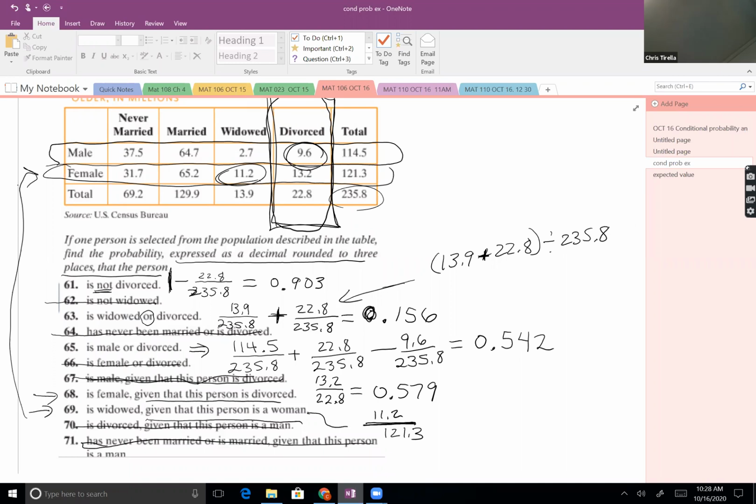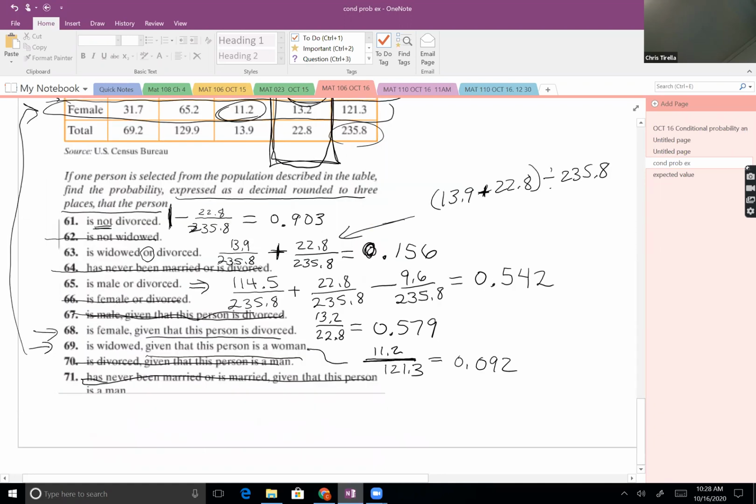So when I take that 11.2 and divide it by the 121.3, I get 0.092. And so when you see that given wording, we're restricting the sample space to that subset.